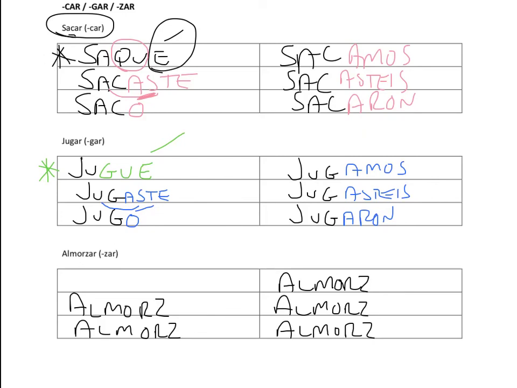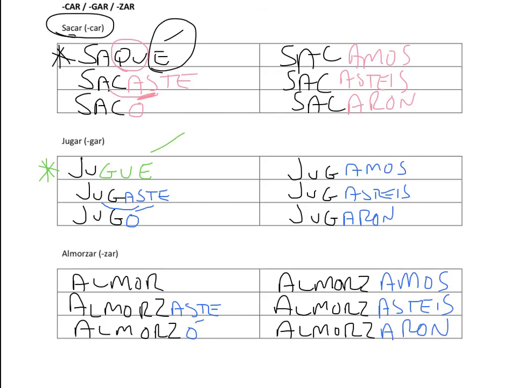So we had almorzaste, almorzó, if you want to use the Spain Spanish, almorzasteis, almorzaron, almorzamos, and it's up here that we have the change. So we're going to say almorcé.